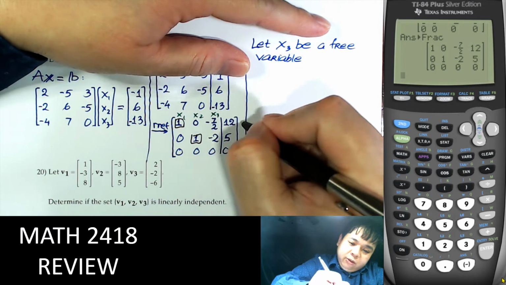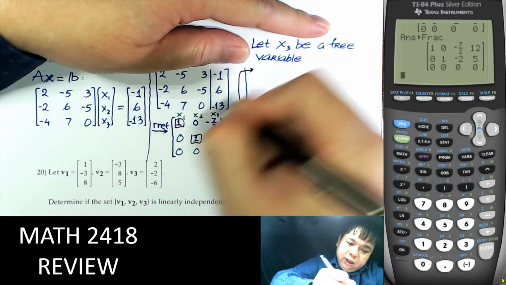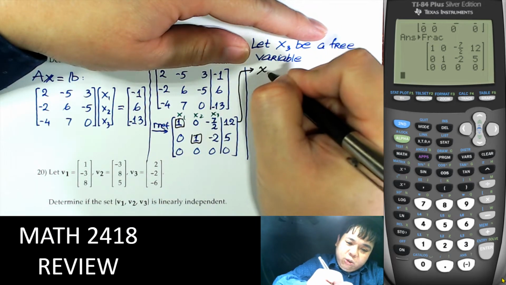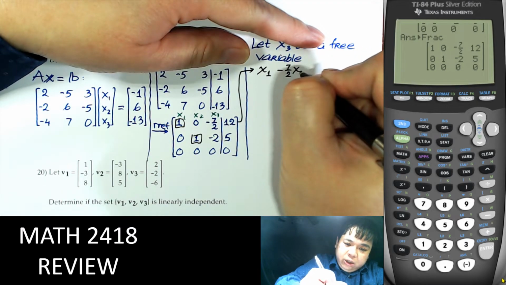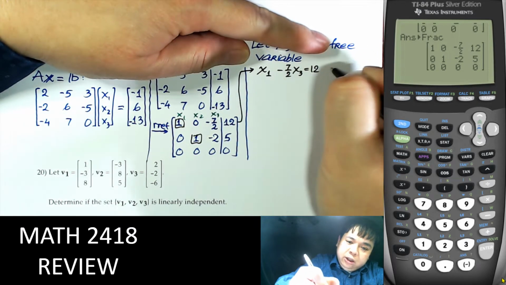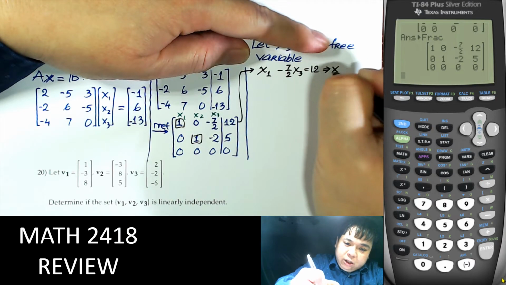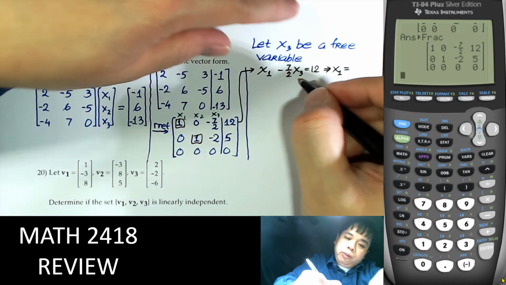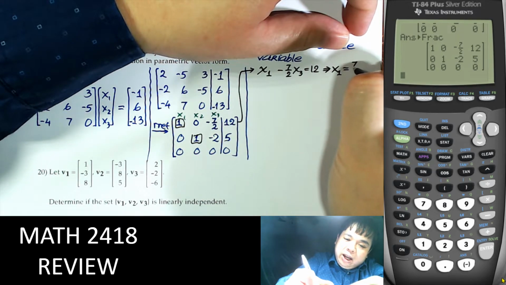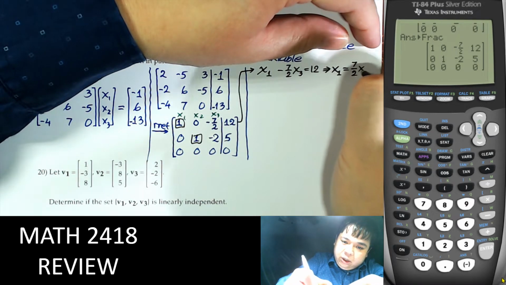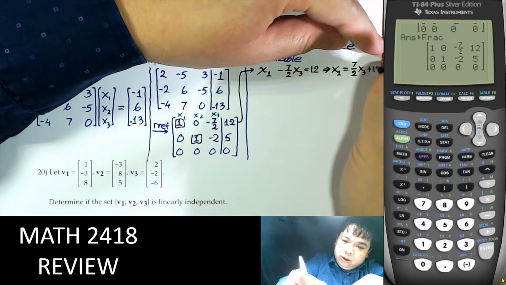Right. For the first equation, we have x1 minus 7 over 2 x3 equal to 12. And so for that, we have x1 equal to, let's say 7 half x3 plus 12.